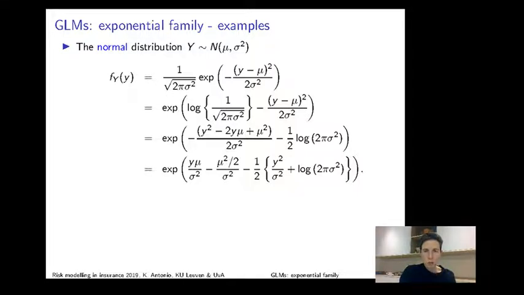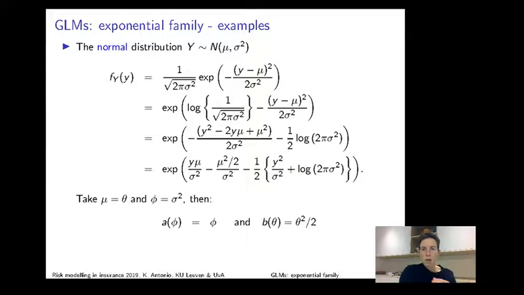So the expression of a density from the exponential family, as it was given before, now uses parameters theta and phi. And in the expression for the normal density, you will choose the theta parameter equal to mu and the phi parameter equal to sigma squared. The function a of phi is then the identical function, and the function b evaluated in theta must equal theta squared divided by 2.